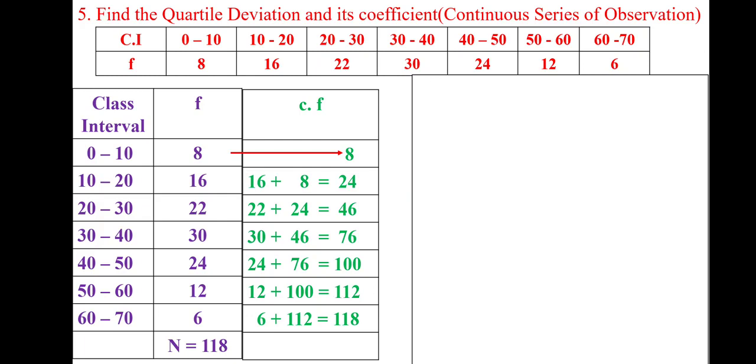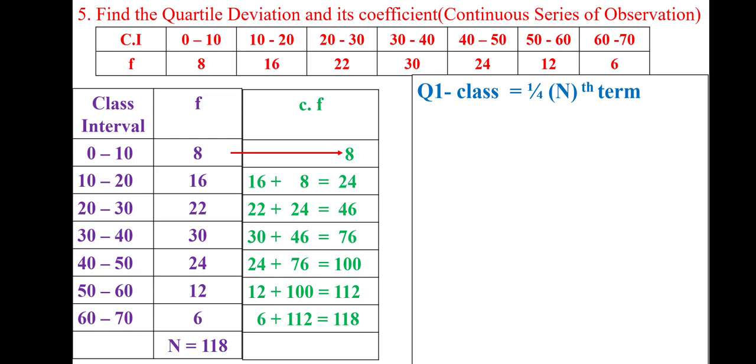Then this is a continuous class interval, so we need to find out Q1 class, as we did for median. So here, instead of Q1 and Q3, we can find Q1 class and Q3 class. Q1 class, how to find? Q1 class equal to 1/4 of the nth term.